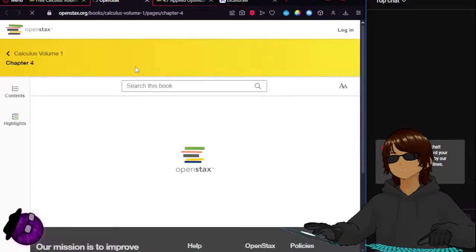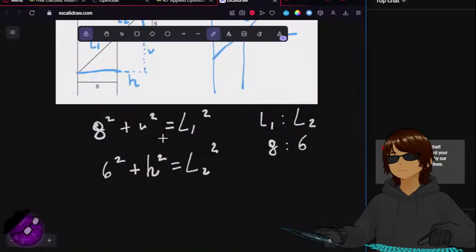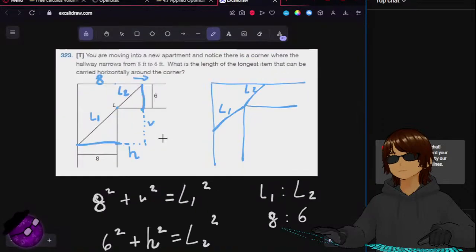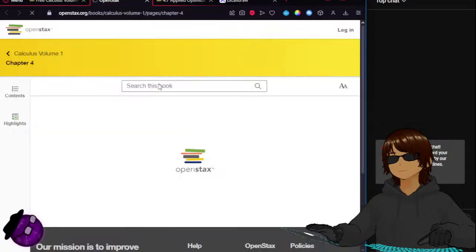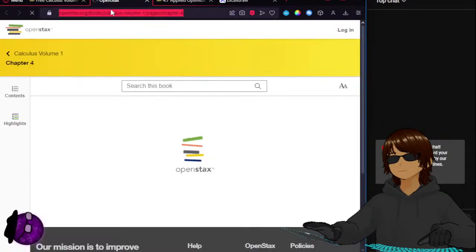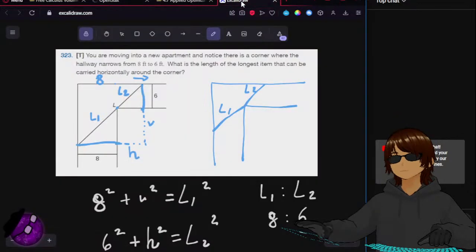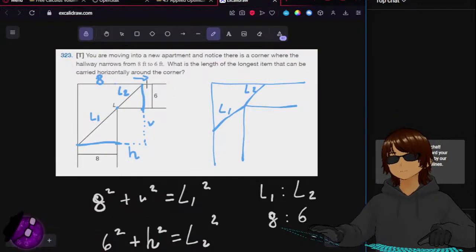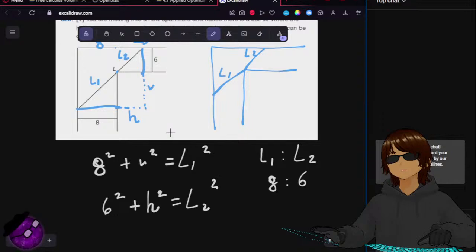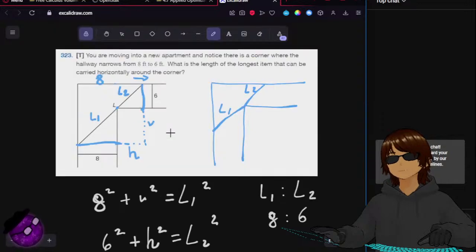It is a 3, 2, 3. I need to find an equation relating L to 8 and 6.